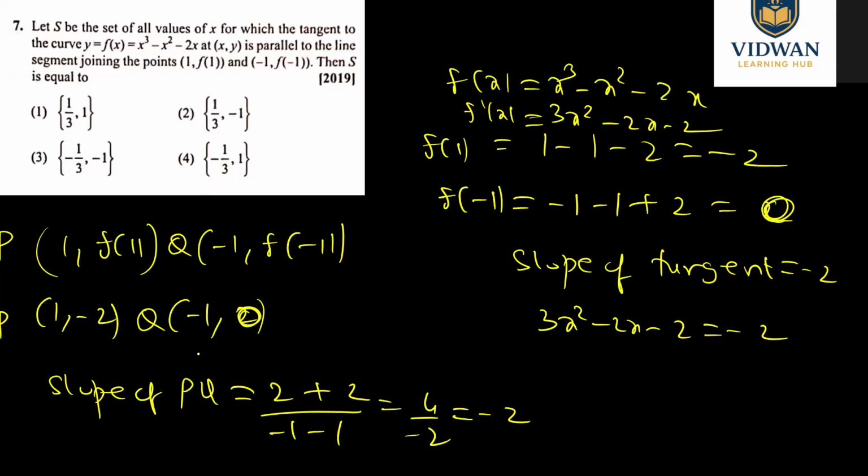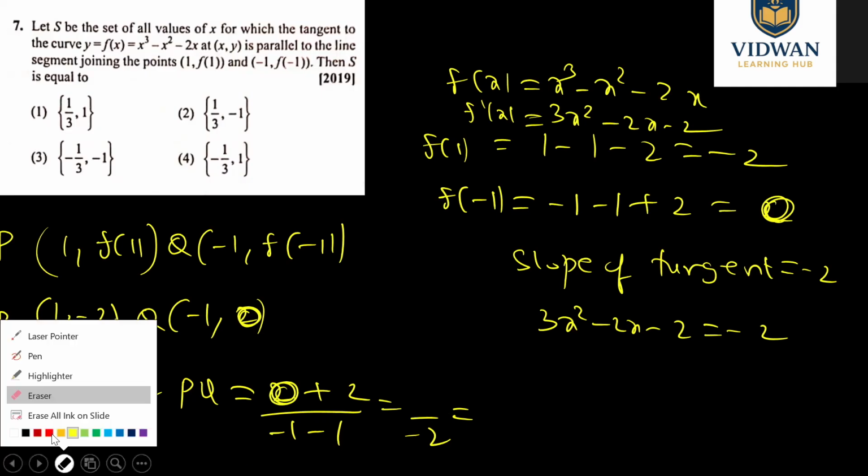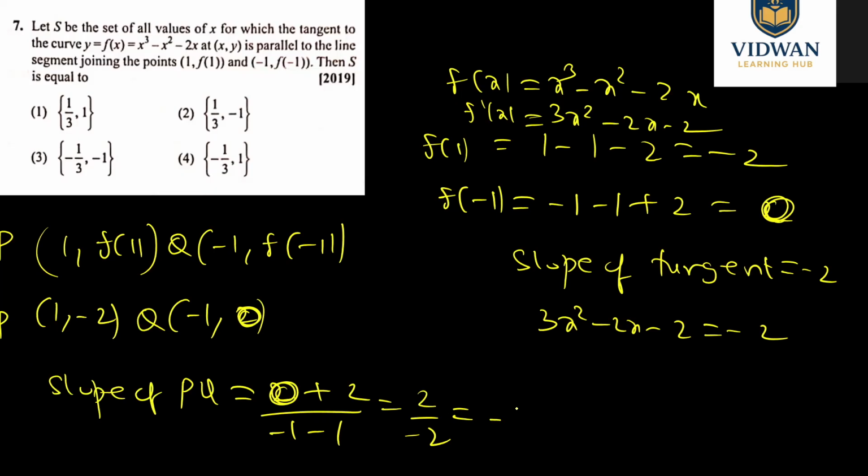So what is the slope? Difference in y coordinates means this is 0 plus 2, by difference in x coordinates. So this is 2 by -2. So calculation mistake actually. So this is 2 by -2, which is -1. So here I have to write -1. I have to equate the slope with -1.